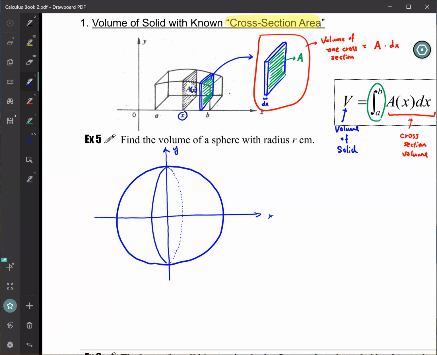Now, if I try to make the cut slightly to the right, then the area will get smaller. So for example, I'm going to make a cut over here. Think about slicing, cutting off a part of your ice cream.